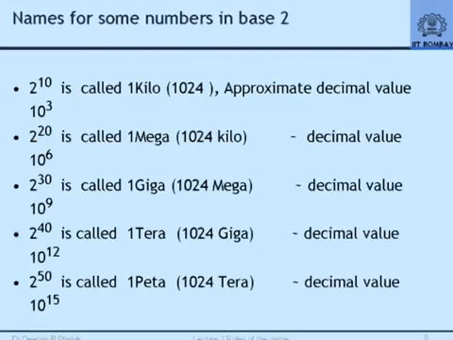Those of you who have computers or who know more about it would typically say, I have a 60 gigabyte disk. So what you mean is you have 60 giga of some units of information that can be stored on that disk. We shall see the notion of byte in a moment. But these names are useful, we shall in fact be using them subsequently, therefore I thought I will just write them down for your information.